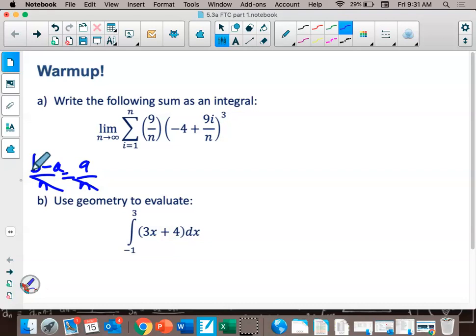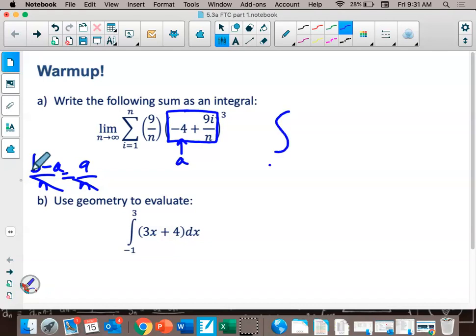Remember that typically what we plug into the function is left endpoint plus width times i. So if you see left endpoint plus width times i, then this number could be your left endpoint. And you ask yourself, what am I plugging left endpoint plus width times i into? Whatever that is, just replace it with the letter x, and that's your function.